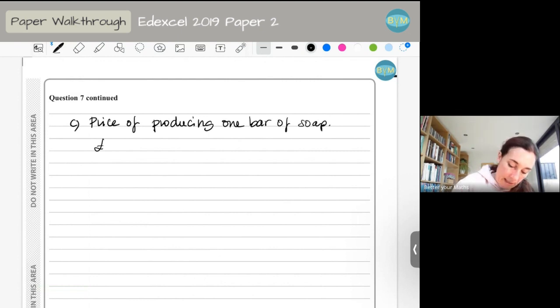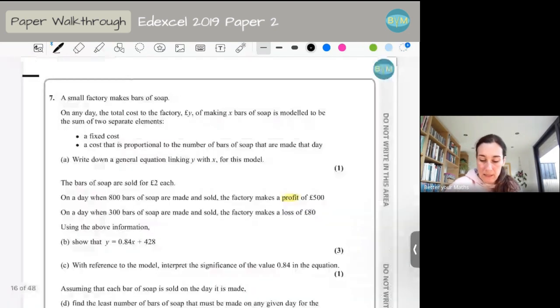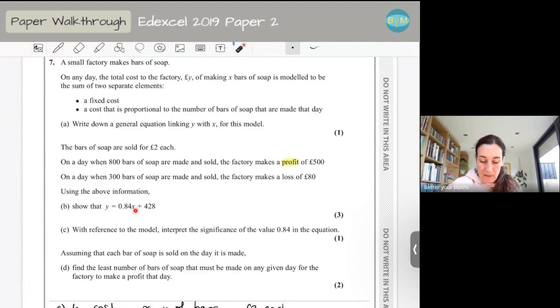So each bar is 0.84 pounds. Does it make sense? Is it confusing? So remember, gradient is change of y divided by change of x. In this case, the change in y is the cost, and the x is the number of bars. So every time x changes 1 unit, the cost is going to increase by 0.84. So that's the price of 1 unit of soap. That's what it means.